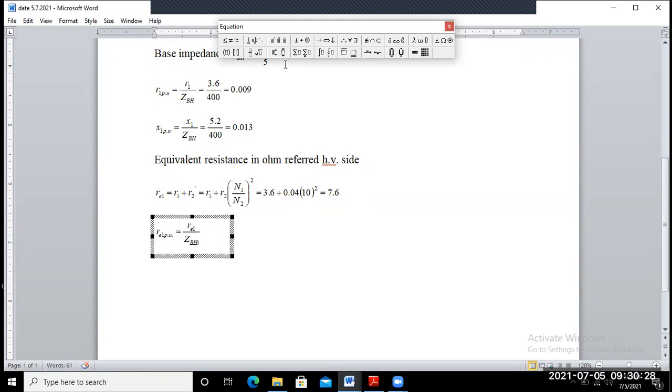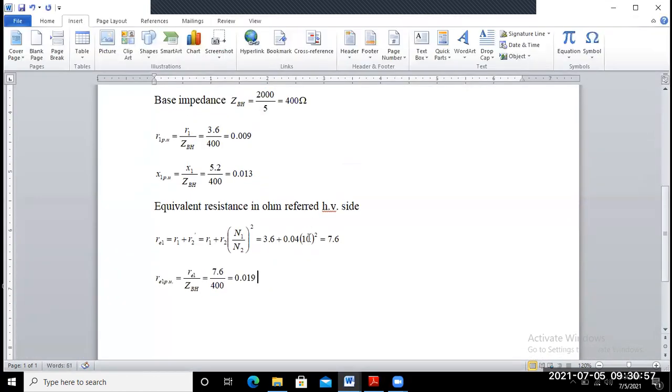So RE1 equals 7.6 divided by 400. So this becomes equal to 0.019.